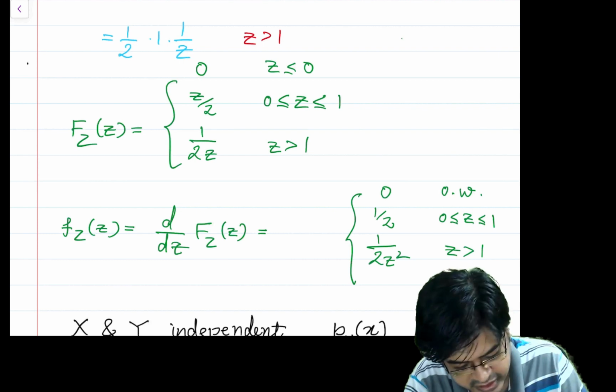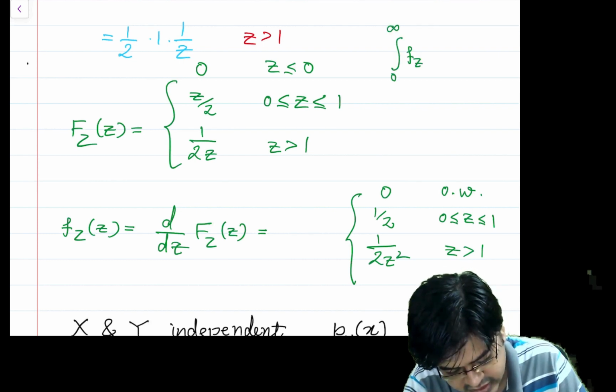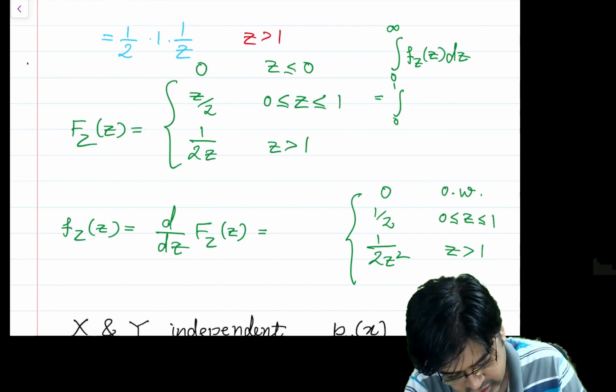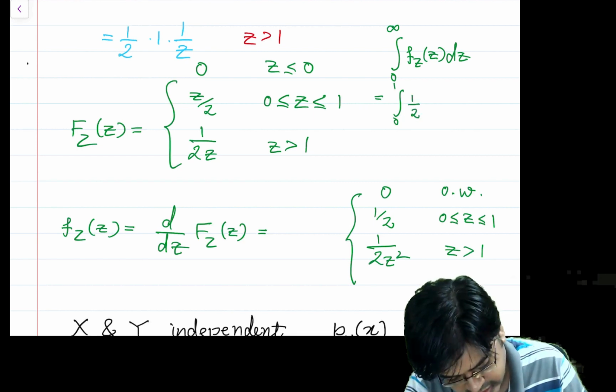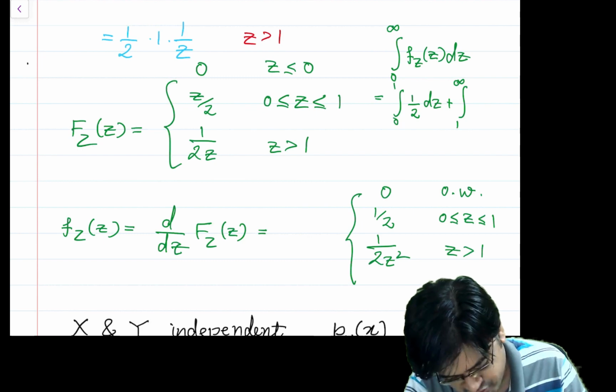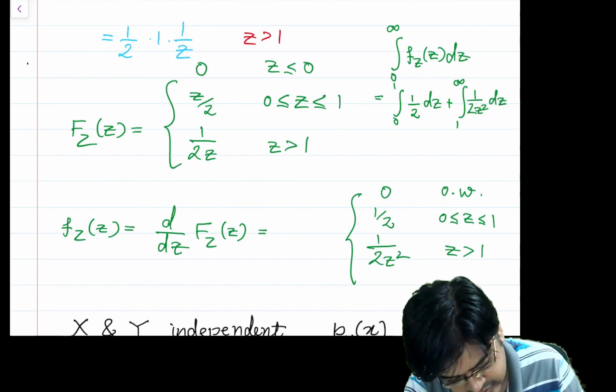So if I integrate f_Z(z) dz from 0 to infinity, that is equal to integral from 0 to 1 of 1 by 2 dz plus integral from 1 to infinity of 1 by 2 z square dz.